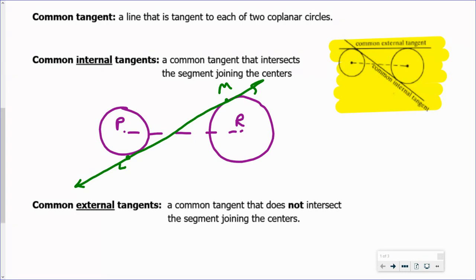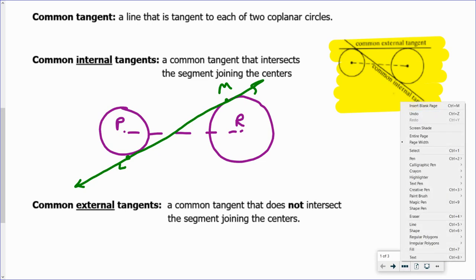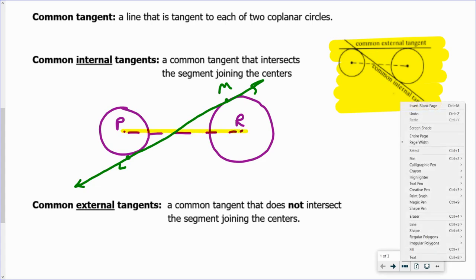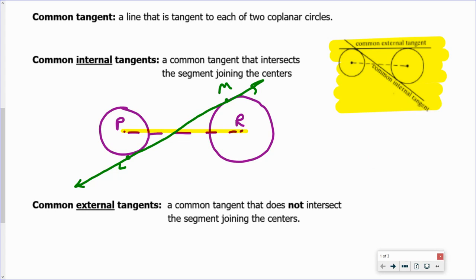All right, so line LM is tangent to both circle P and circle R, and line LM intersects the line segment that connects the centers of the circles right here. So line LM would be considered a common internal tangent for circles P and R.